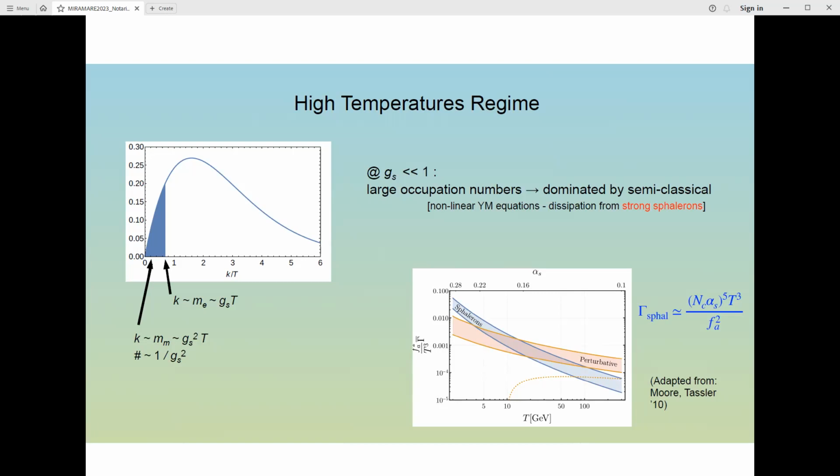This is subdominant at high temperature, but if you extrapolate it, which is just an exercise, I'm not claiming this is the right result, it's simply an exercise, to low temperature, then the sphalerons become larger than the perturbative calculation. This shows that there could be non-perturbative effects which are larger than the perturbative rate already below 5 or 10 GeV, and then you enter the fully non-perturbative region, which is around 1 GeV.